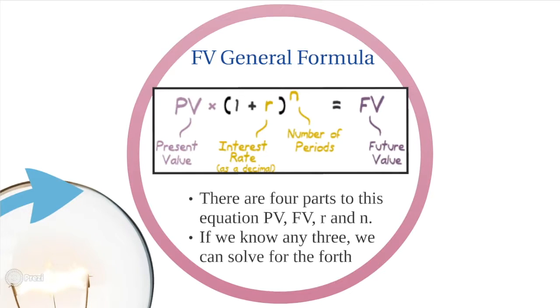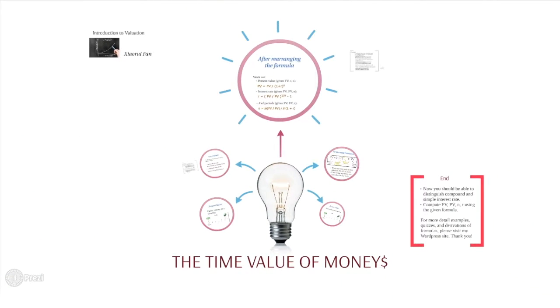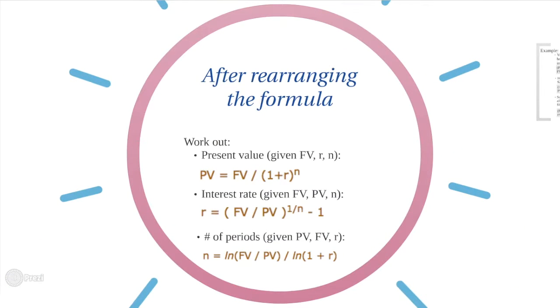As you can see, there are 4 parts to this equation. So if we know any 3 of them, we are able to solve for the 4th. And we can do this by rearranging the formula. So now you are able to work out the present value, interest rate, and also the number of periods. You can solve those problems by simply plugging in numbers to those equations.